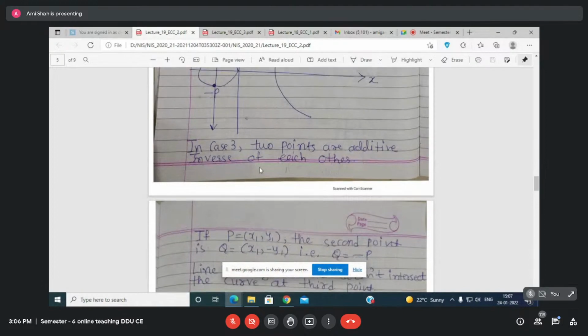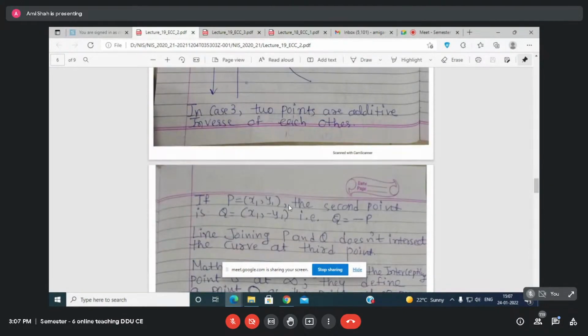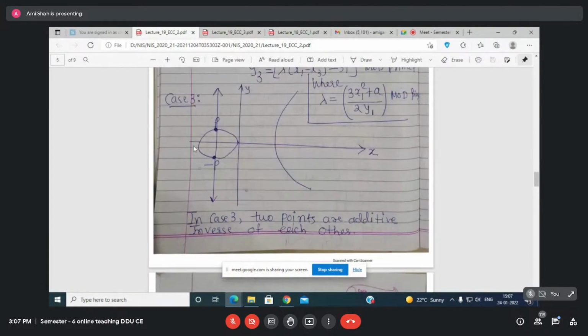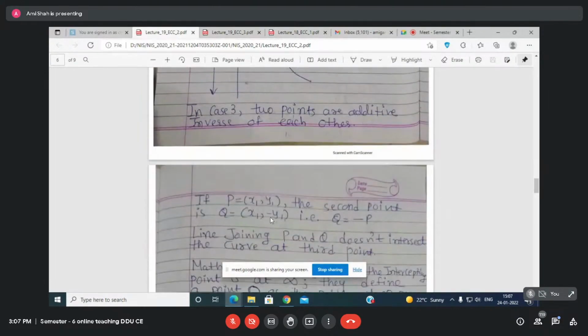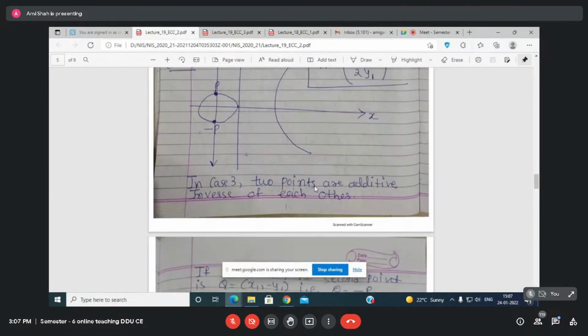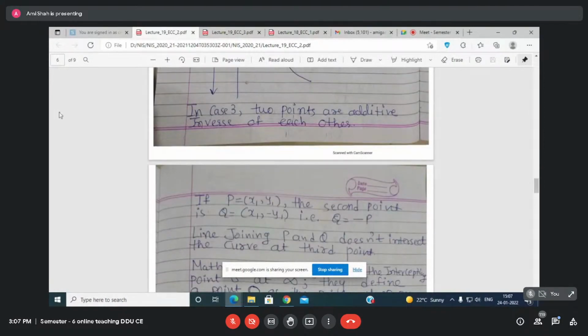So here I can say that if my point P is x1 y1, then the second point Q is x1 comma minus y1. So I can say that Q equals minus P. So in the third case, the 2 points are additive inverse of each other, and so P is x1 y1, the second point Q is x1 comma minus y1, and Q equals minus P, right?